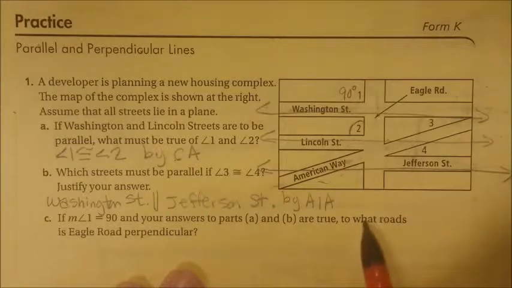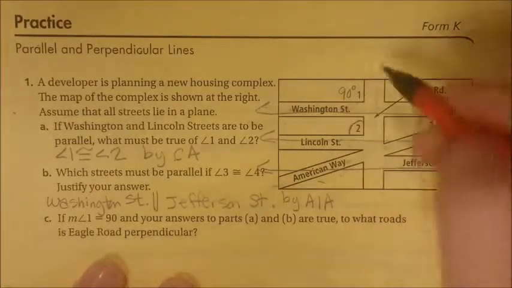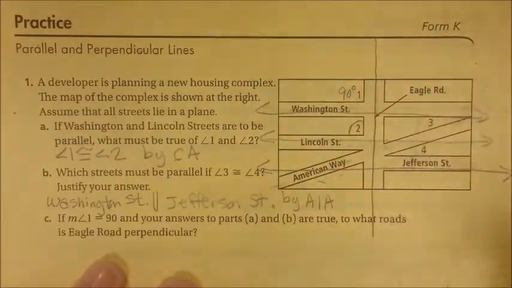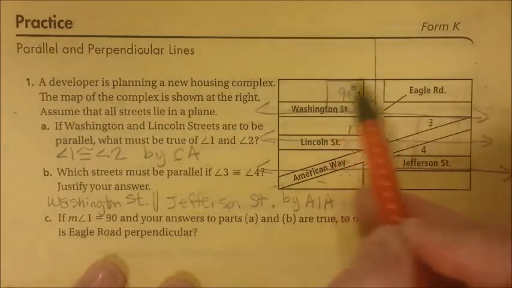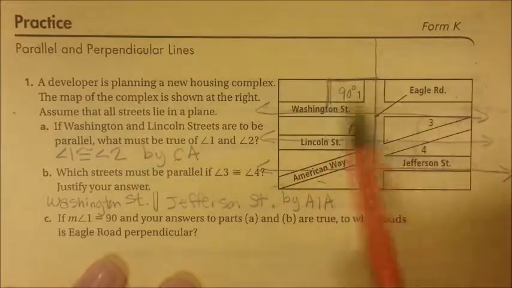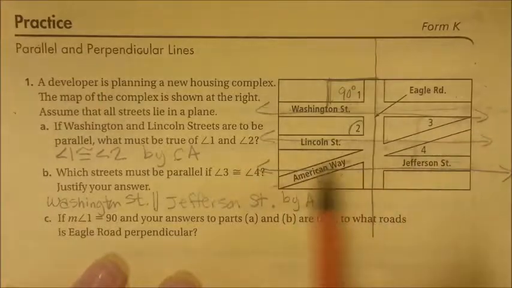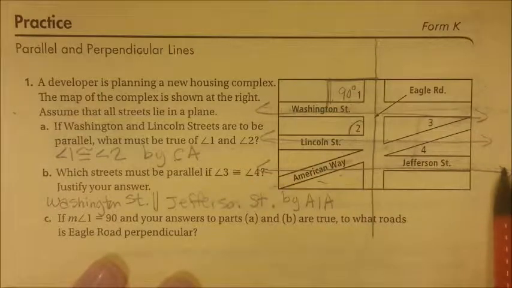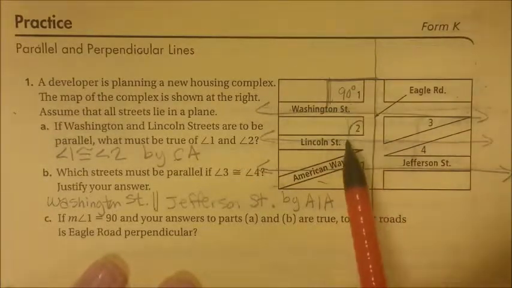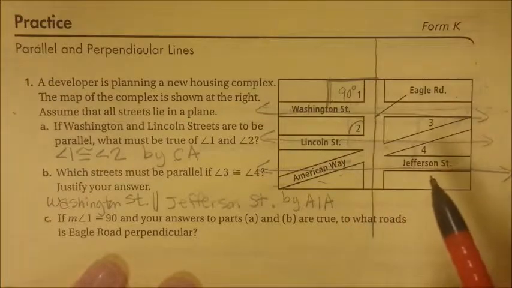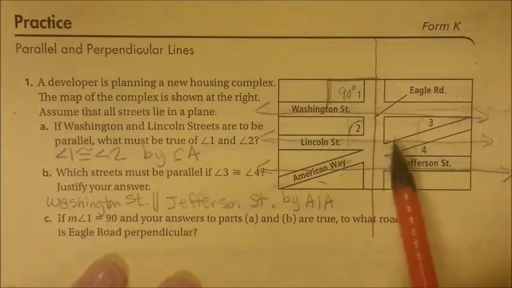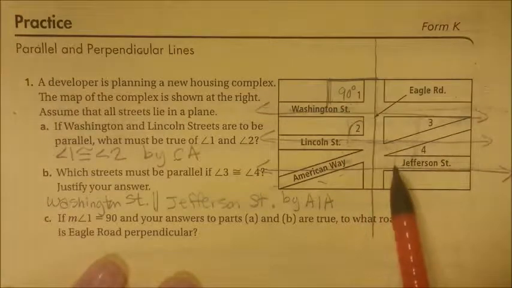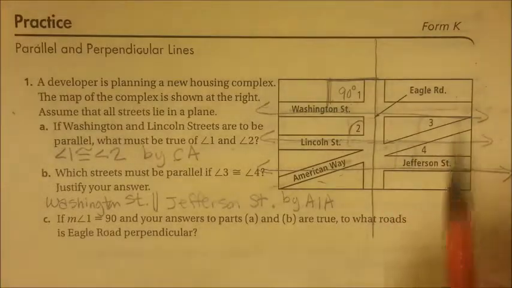If that's all true, to what roads is Eagle Road perpendicular? Eagle Road cuts right here, but look, we're told right here that intersection is 90 degrees. Since these are all parallel because of the transitive property, it tells us something about angle 2. And it tells us how the intersection to Jefferson Street would be. It means they're all going to be perpendicular.